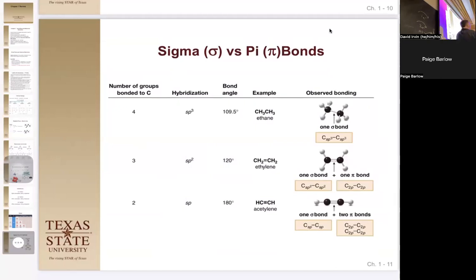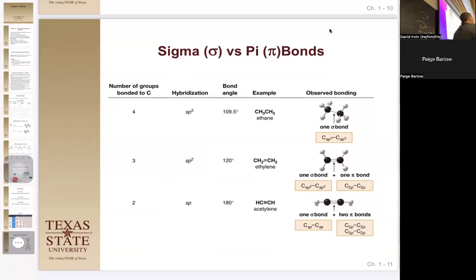Pi bonds are always unhybridized p's. So that means sp3 can never have a double bond on it because it doesn't have an unhybridized p. This can only have one double bond because it has one unhybridized p. And this can have two double bonds because of its two unhybridized p's.